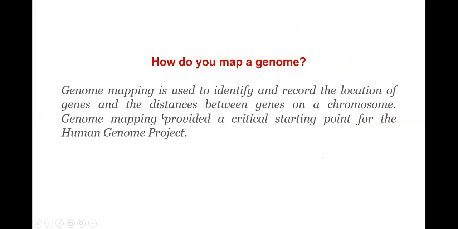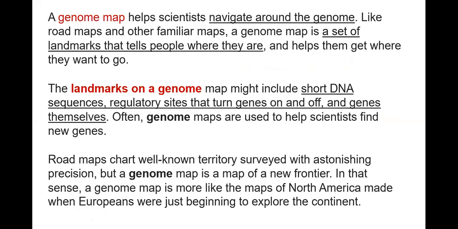You can do that, and a genome map helps scientists to navigate around the genome. Like road maps and familiar maps, a genome map is a set of landmarks that tells people where they are in a given genome. And if they want to go to another destination in the genome, it will guide them to reach the destination in terms of the genome map also.